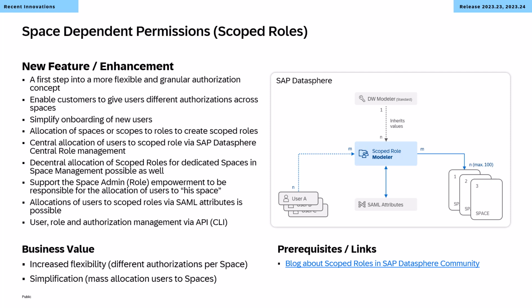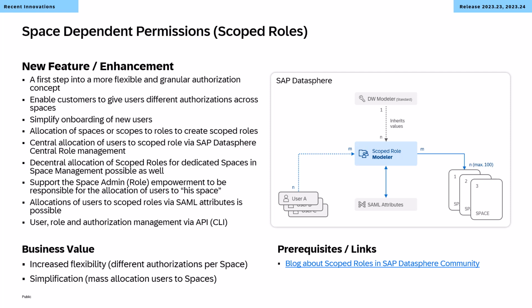And what you see in the graphic here, a scoped role is now a centerpiece of the authorization management. It can be based on a standard role, or could also be a custom role defined by you specifically, where multiple users are assigned, and also multiple spaces are assigned.